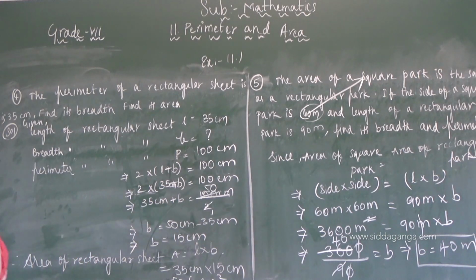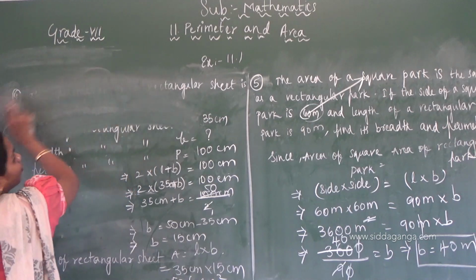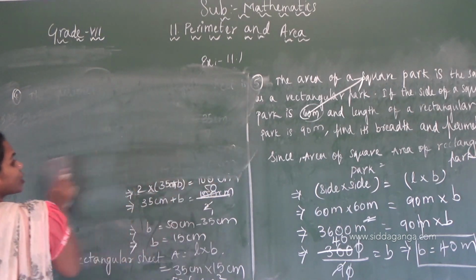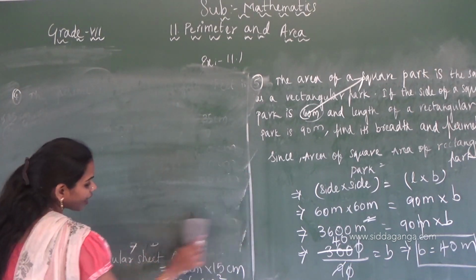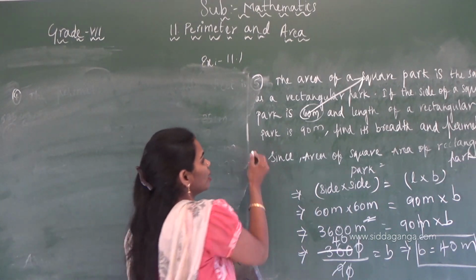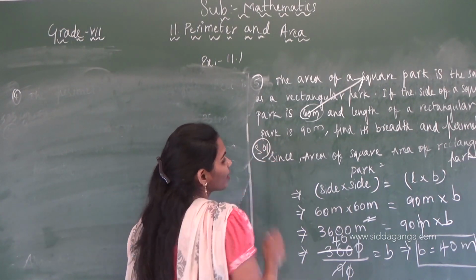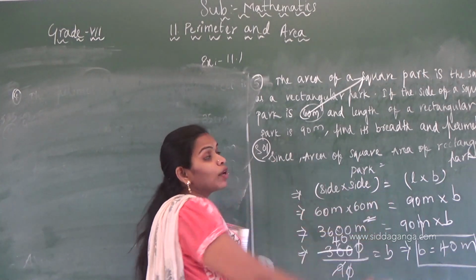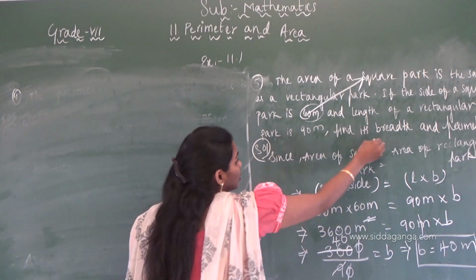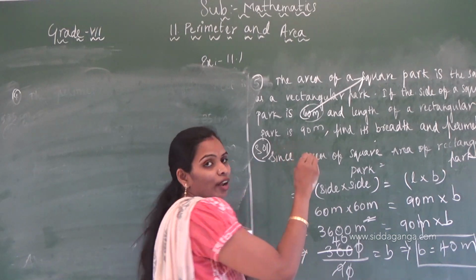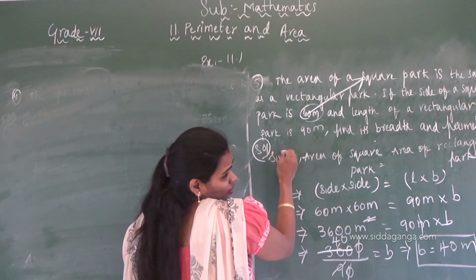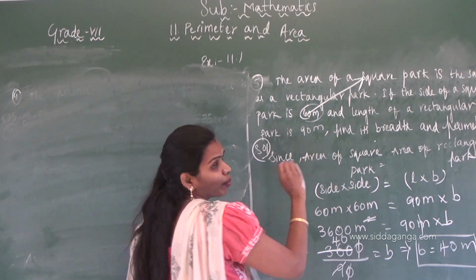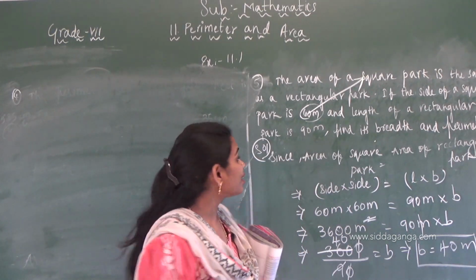And then what do we have to find now? Perimeter. What is the formula to find the perimeter of a rectangle? Directly, since this is the second time I am writing, that's why I am taking this step directly. You have to write the length of the side of the square and the length and breadth of the rectangular park, and then you have to write this.